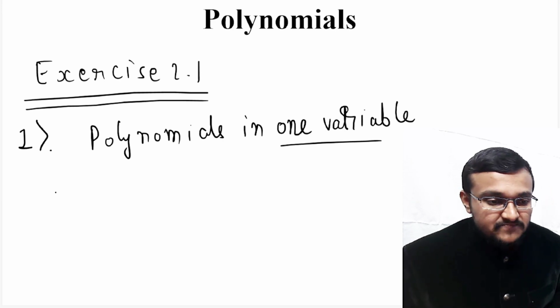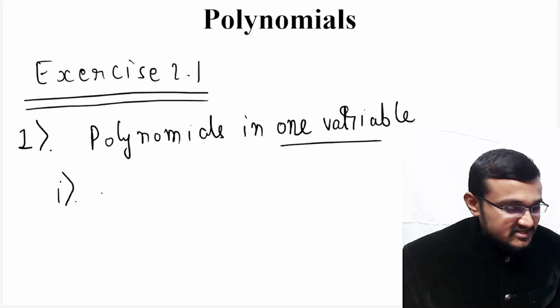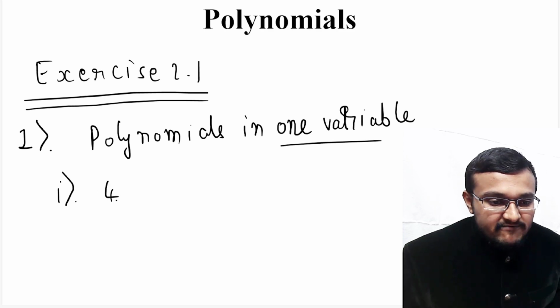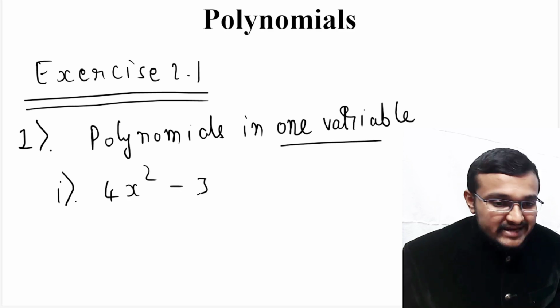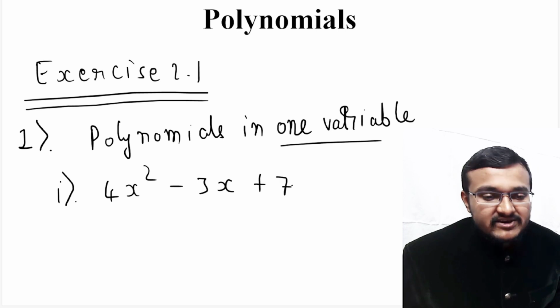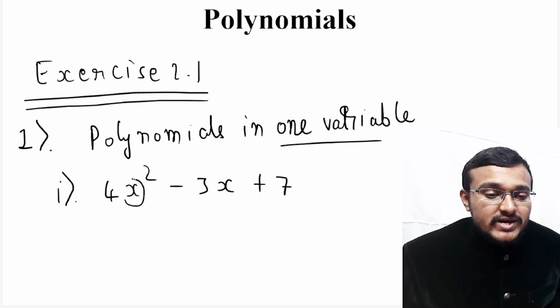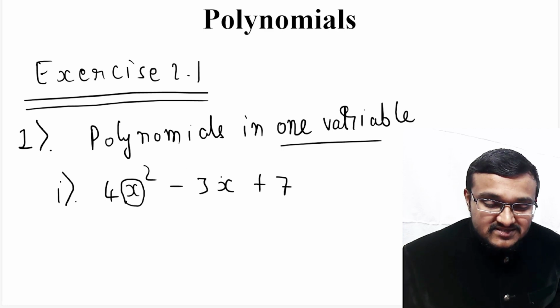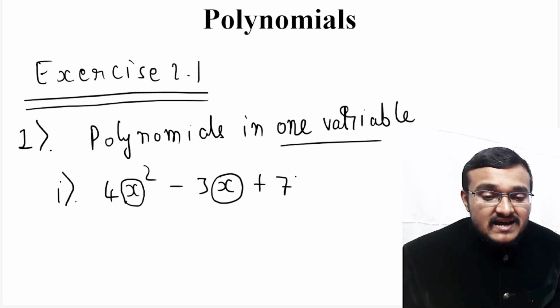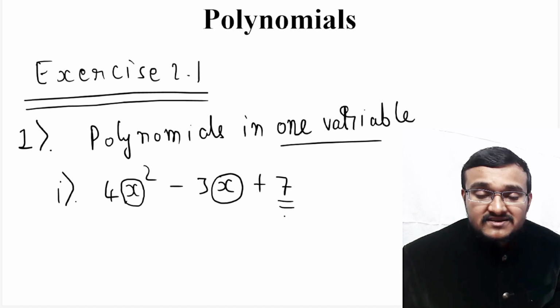this first question. So coming to the first expression in this first question, here you have 4x square minus 3x plus 7 as the polynomial. Here you can clearly see in this 4x square you have x, and in this minus 3x you have x, and you have a constant that is 7.